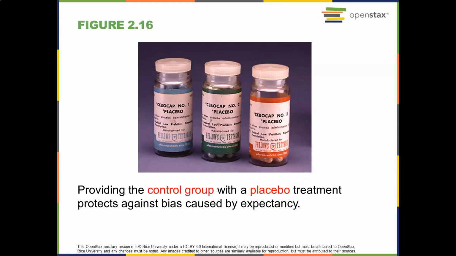Okay, let's move on. Now also, more often than not, in experimental research there will be a control group. The control group usually receives a placebo, and a placebo can be anything, like one of these pills right here that might not contain anything except maybe sugar.